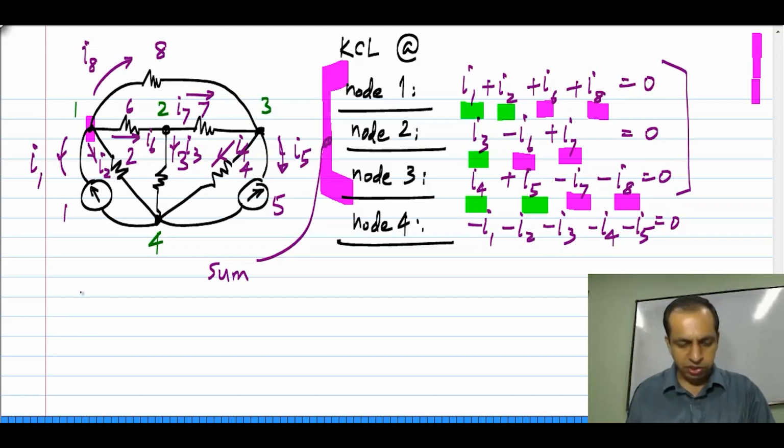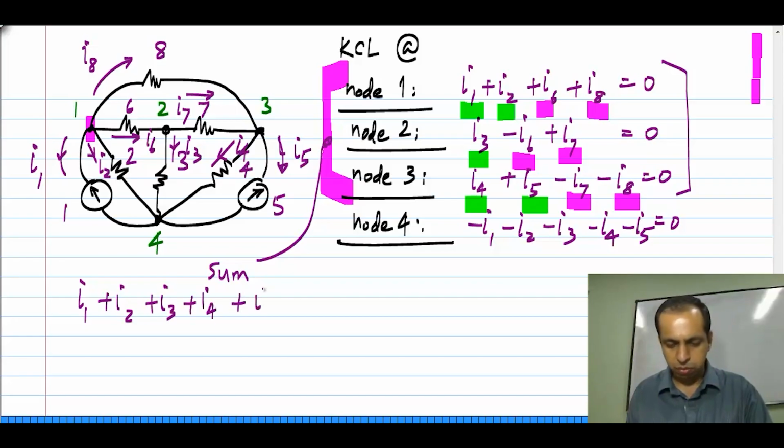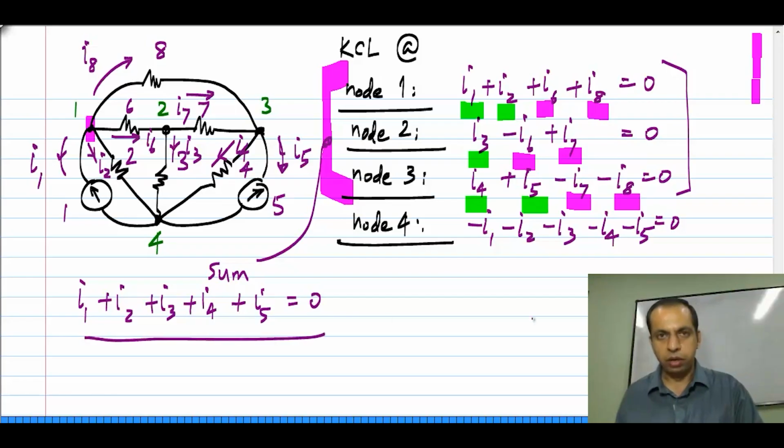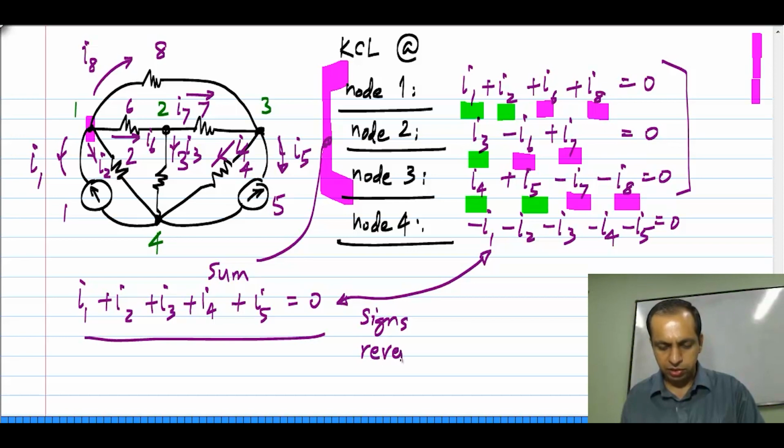So, if I sum all these equations, I will get I 1 plus I 2 plus I 3 plus I 4 plus I 5 to be 0. And you notice that this is exactly the same as the equation for node 4, but with the signs reversed.